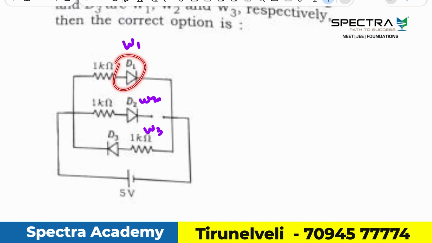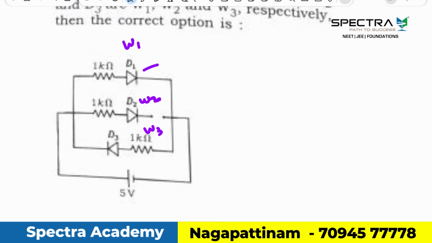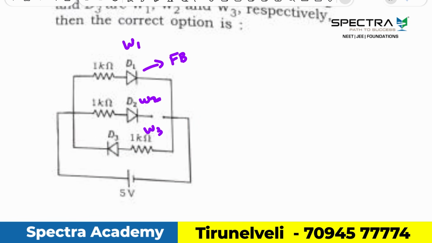Now what about this one? This is the positive terminal and this is the negative terminal. Positive terminal is connected to P and negative terminal is connected to N. So this is forward biased. And what about this diode? Yes, clearly this is this way, which means this is reverse biased.